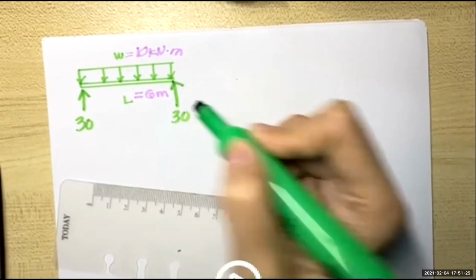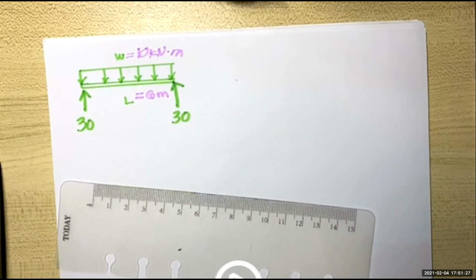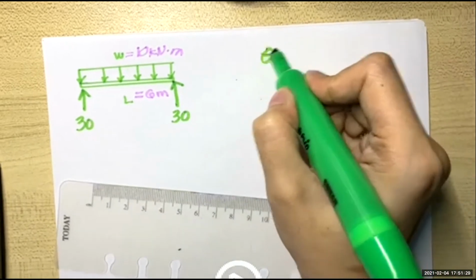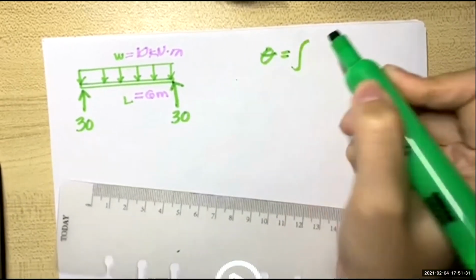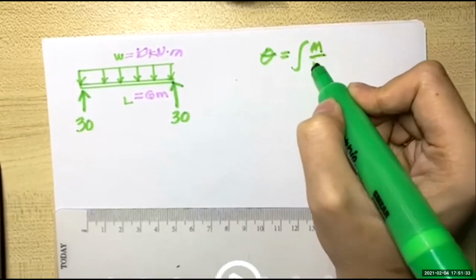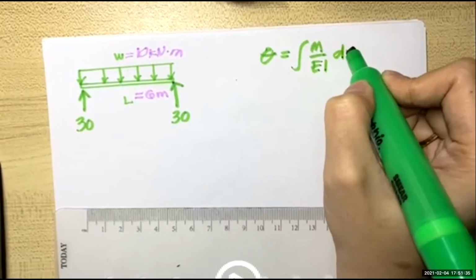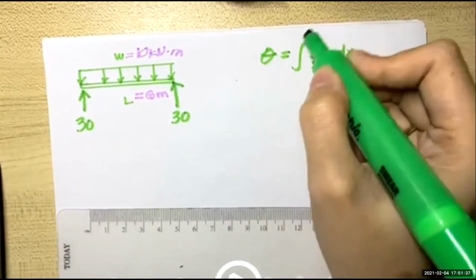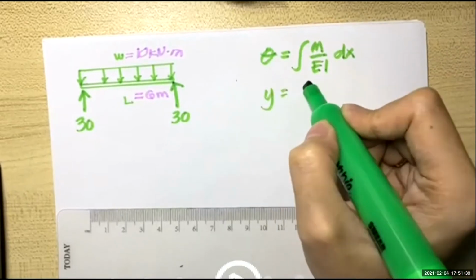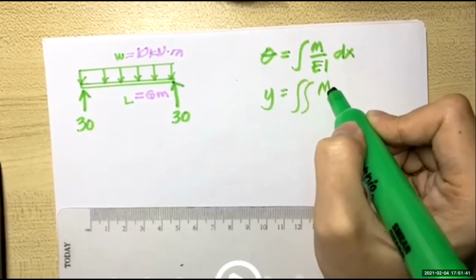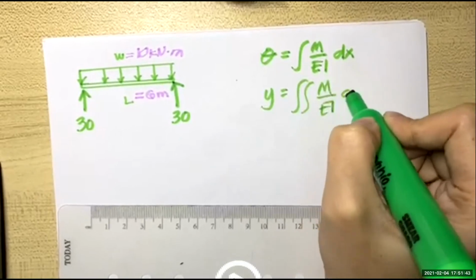Now, before I start solving, I'm going to write the equation. The slope is equal to the integral of the moment over EI dx, while the double integral of M over EI is equal to your deflection.